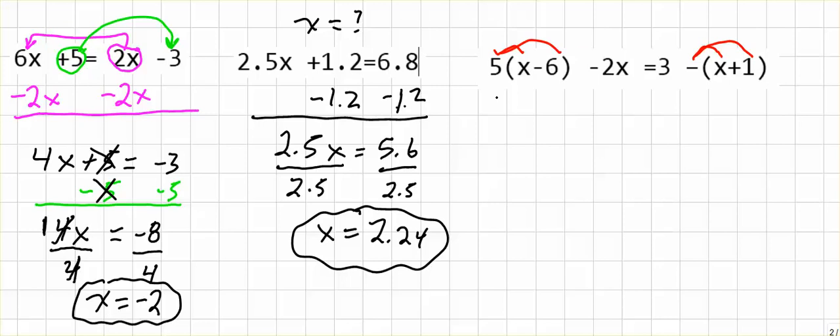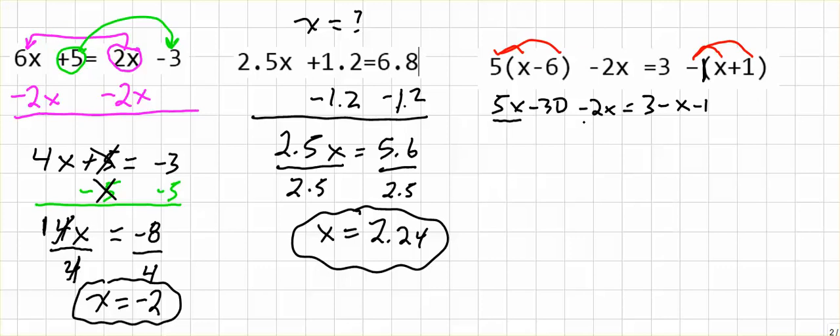So if I do that simplifying, I get 5x minus 30 minus 2x equals 3 minus x minus 1. Do make sure that you take this negative and multiply it through. In reality, what this really is, is a minus 1. Now, before I can continue, I do have some further simplifying I can do.